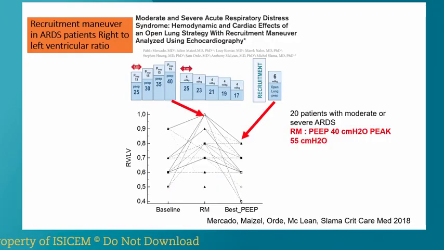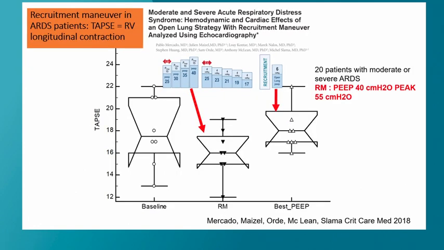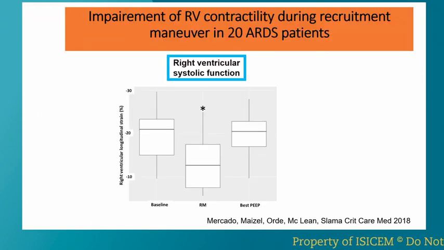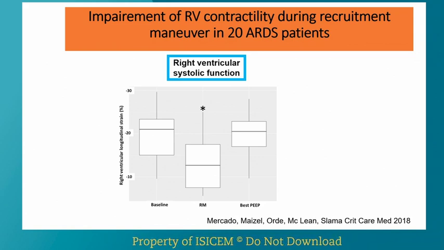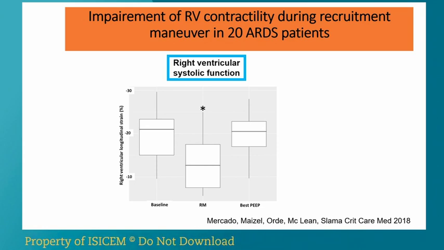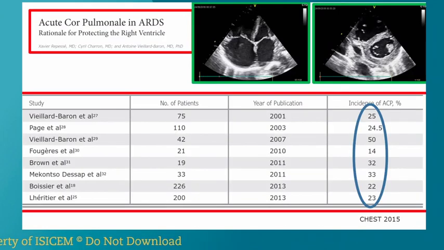And we demonstrated with Pablo Mercado that when you do this recruitment maneuver, even if it is transient, you increase the size of the right ventricle. And you impair the true systolic function of the right ventricle assessed by the TAPSE or by the ventricular longitudinal strain. Here, it's the right ventricular true systolic function which is impaired during the recruitment maneuver.